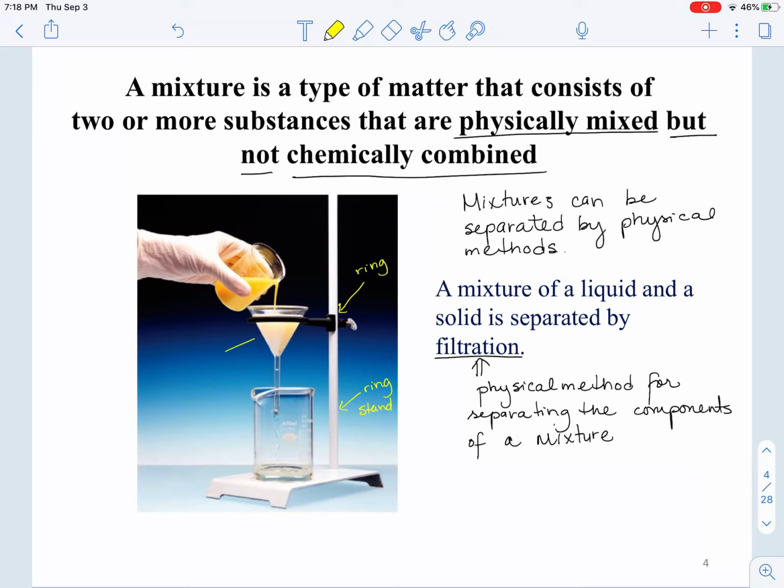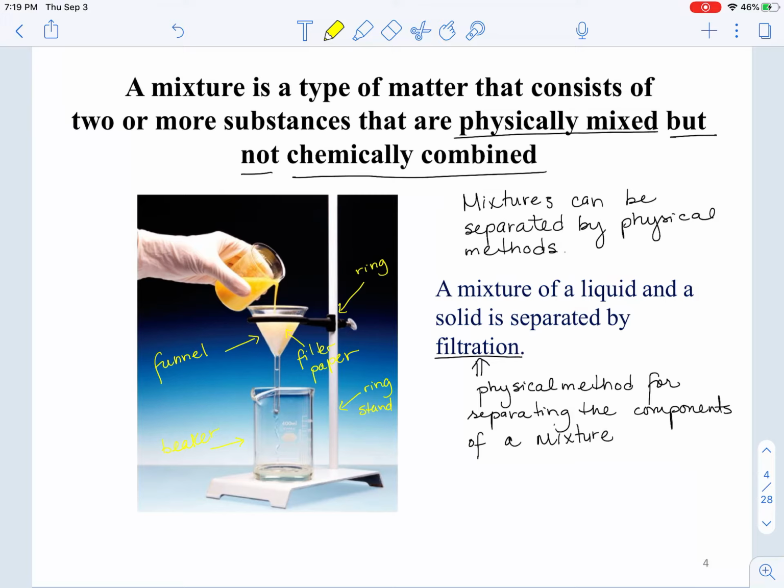The ring is where we place a funnel. Inside the funnel, as you can see, there's a white part right here. So this part is going to have a filter paper. And here we have a beaker, okay, that is going to retain the separation of these substances, okay?